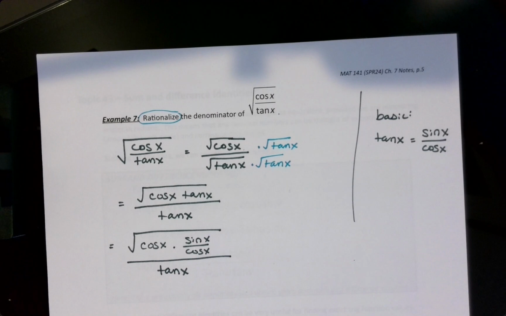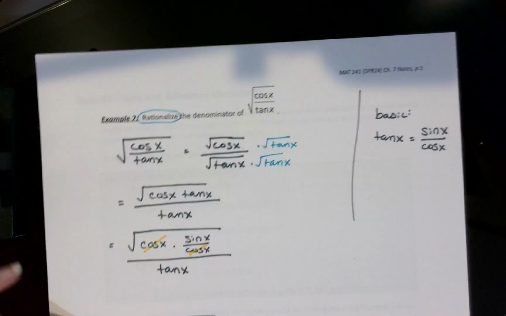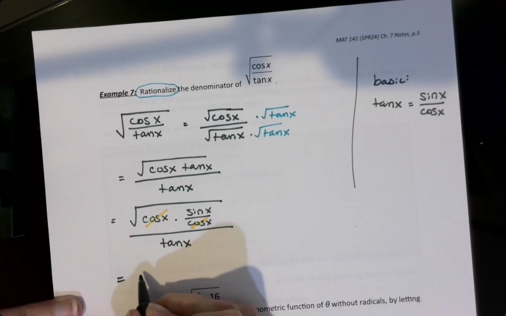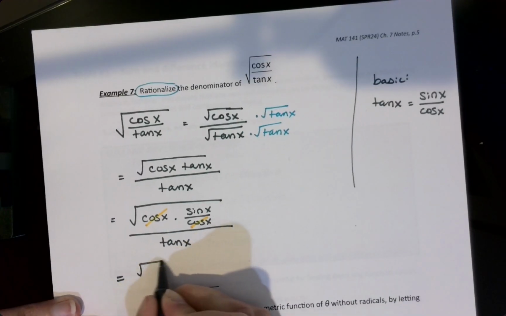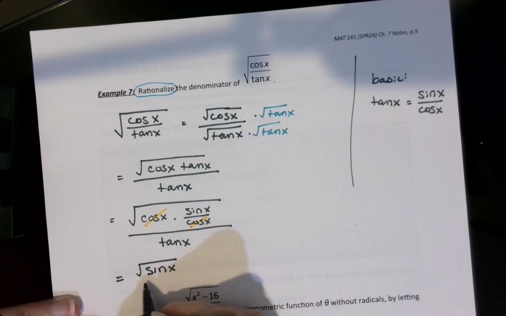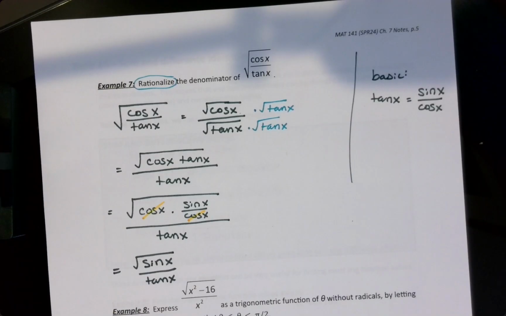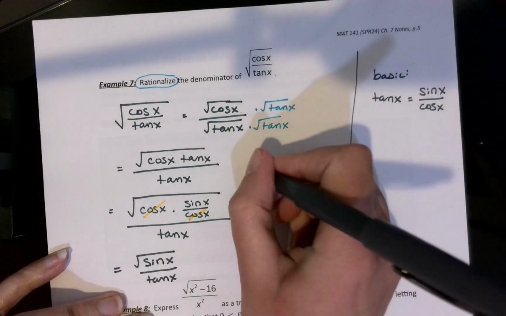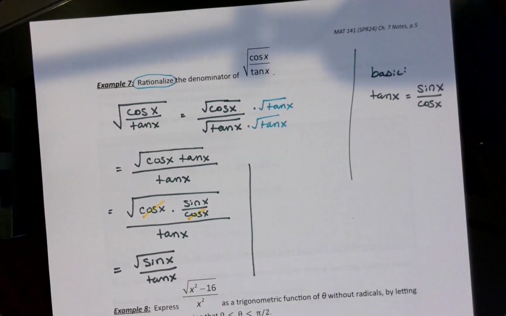Another thing that I would like to say about these is sometimes you need to play with them to see if further adjustments will get them to be simpler or not. And what I am unsure of is if my expanded tangent form will help me simplify. So I'm going to play with it. Let's take a look at sine of x over tangent of x, which is sine of x over cosine of x.